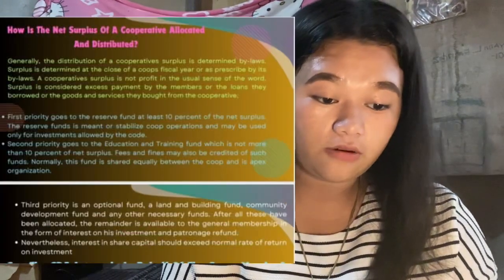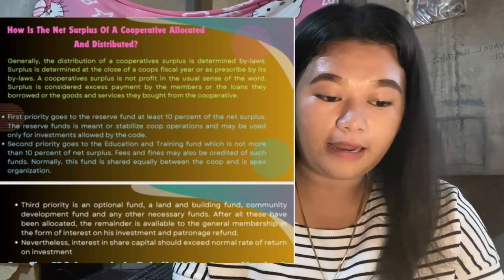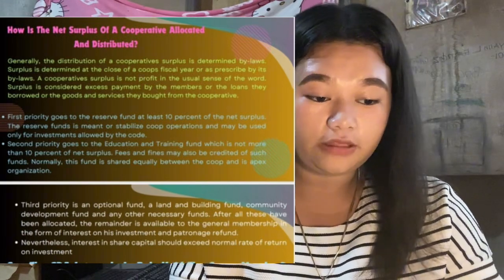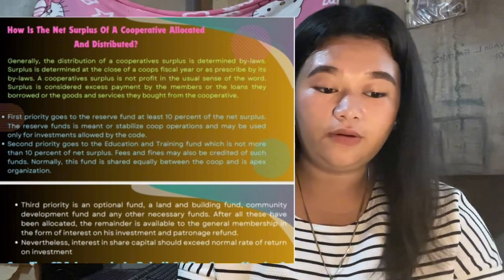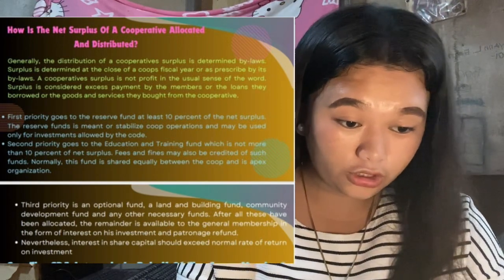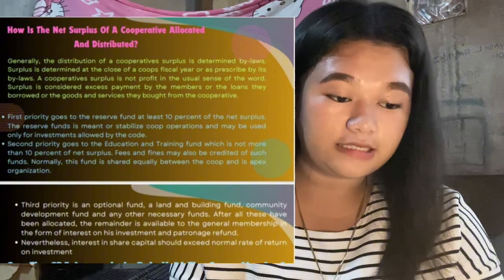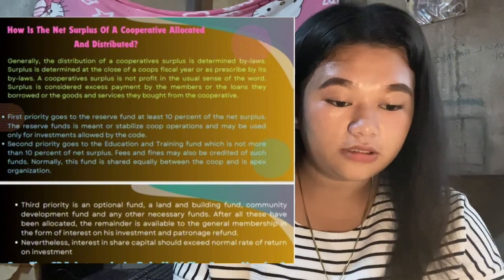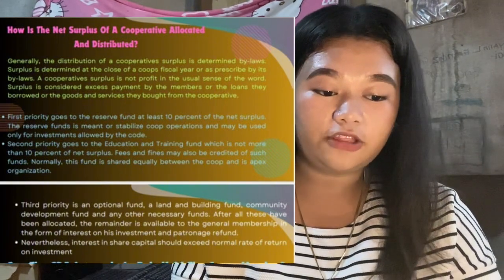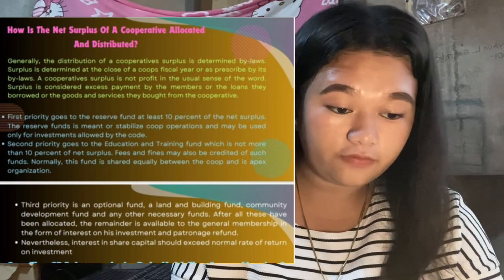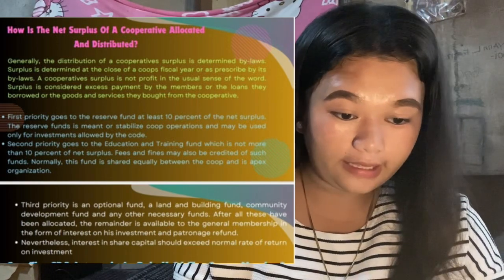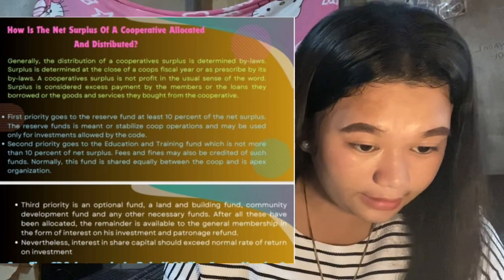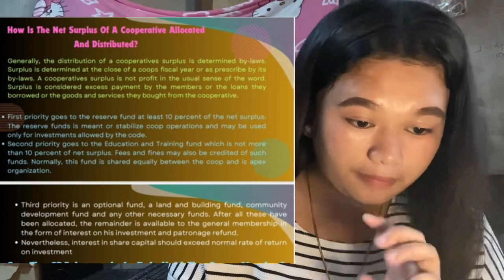So the next one is how is the net surplus of a cooperative allocated and distributed. Generally, the distribution of cooperative surplus is determined by laws. Surplus is determined at the close of a co-op's fiscal year or as prescribed by laws.